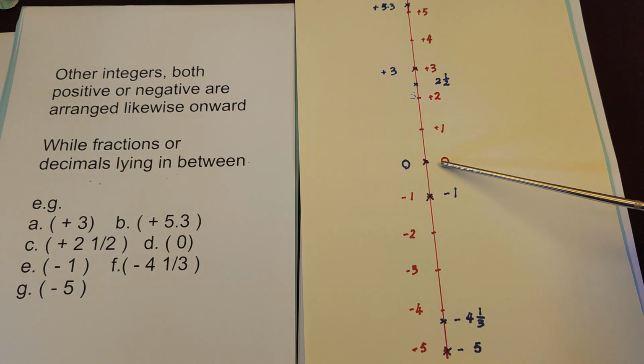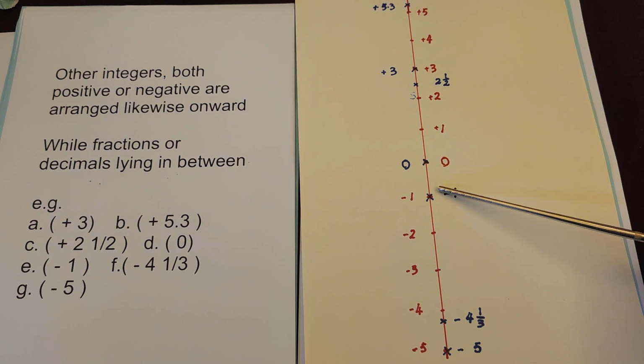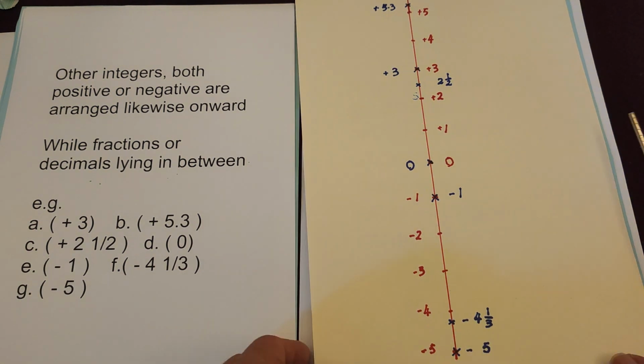And also we have 0 here, 2 here, 3 here, and lying in between we have 2.5. Below 0 this is negative 1, and this is negative 4 and negative 5, and in between we have negative 4 and 1/3.